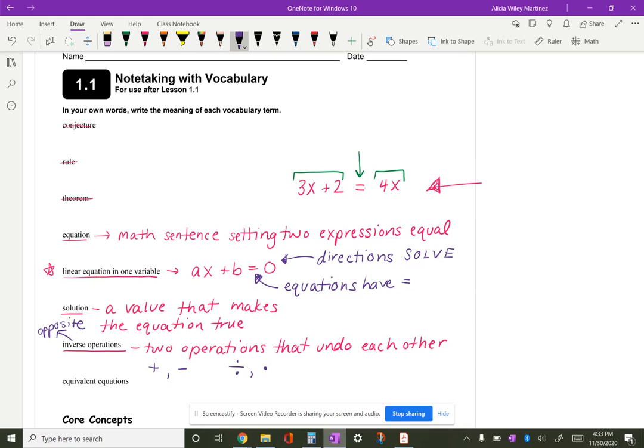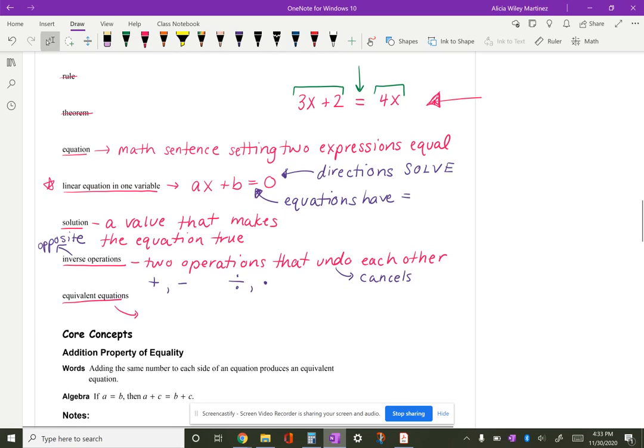Often when we hear the word undo, you can think that it cancels it to like a 0 or a 1. Equivalent equations, simply put, are equations with the same solution. So I'll just write that down quickly for you.